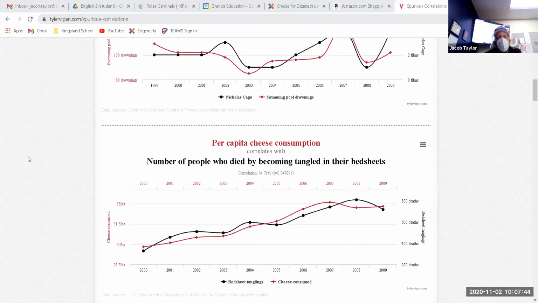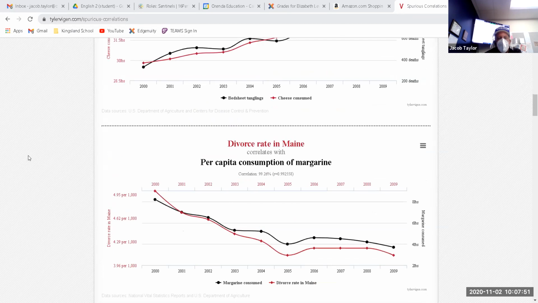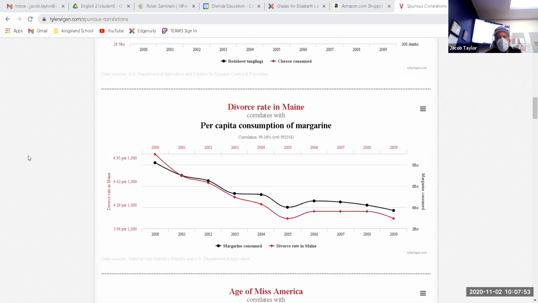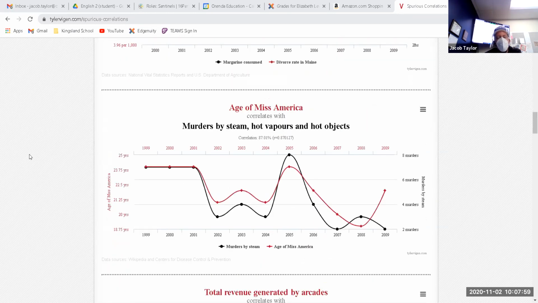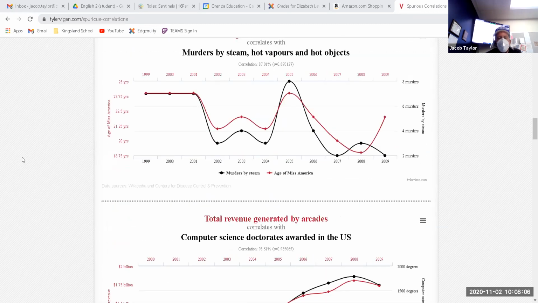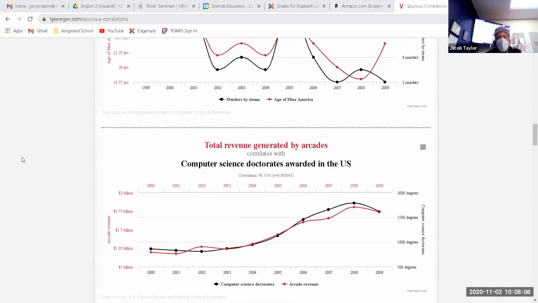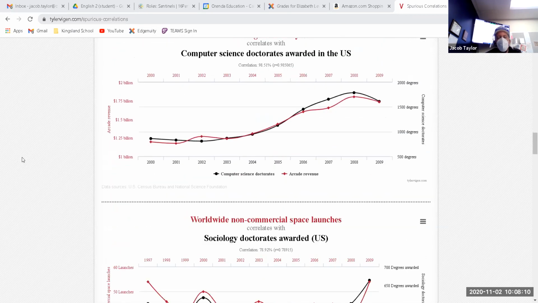Cheese consumption is strongly correlated with the number of people who died by becoming tangled in their bed sheets. The divorce rate in Maine is strongly correlated with the consumption of margarine. The age of Miss America correlates with murders by steam, hot vapors, and hot objects. Revenue generated by arcades and computer science doctorates awarded.